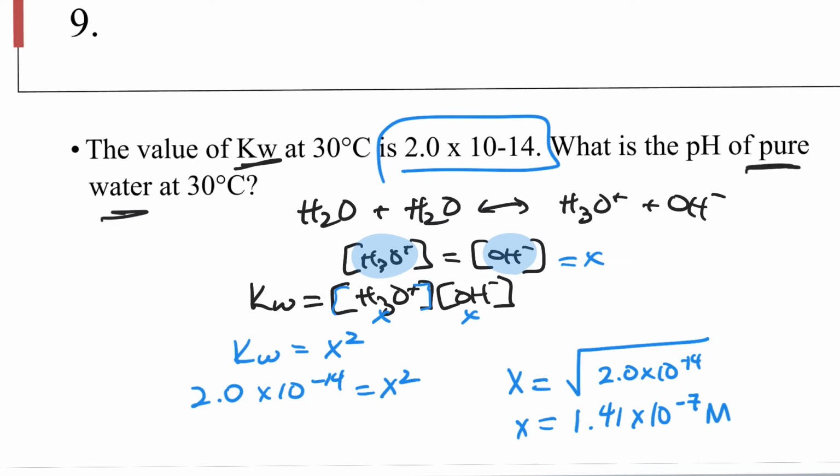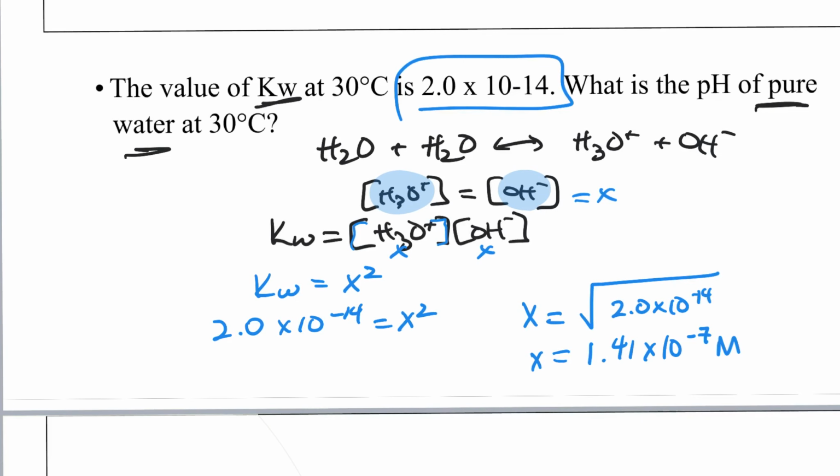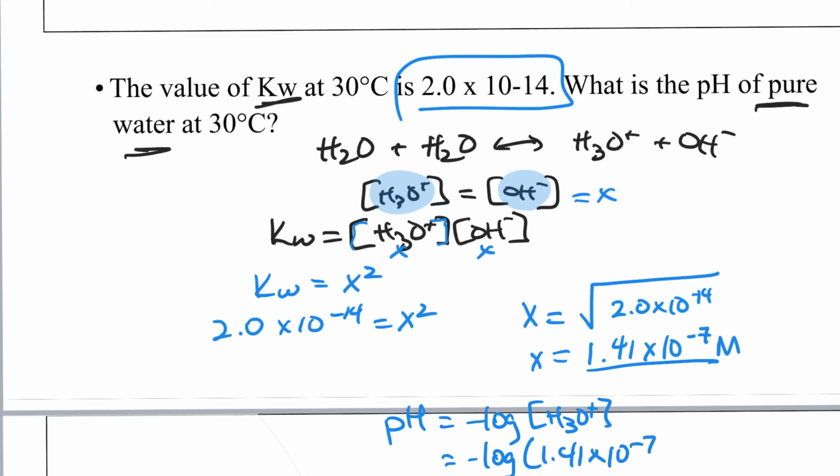Now, pH is equal to the negative log of the hydronium concentration, which we figured out, so it's the negative log of 1.41 times 10 to the negative 7.